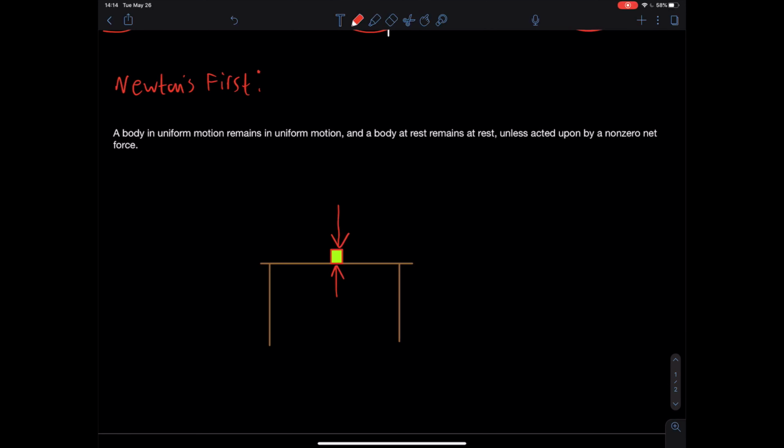And we'll dive into that a little bit more later, but essentially, we have to have a non-zero net force. So if I push the object this way, then it would move and there would be a net force on the object that would cause a change in motion. So we'll do some problems as we talk about this, but I just wanted to get the general idea of Newton's first law.